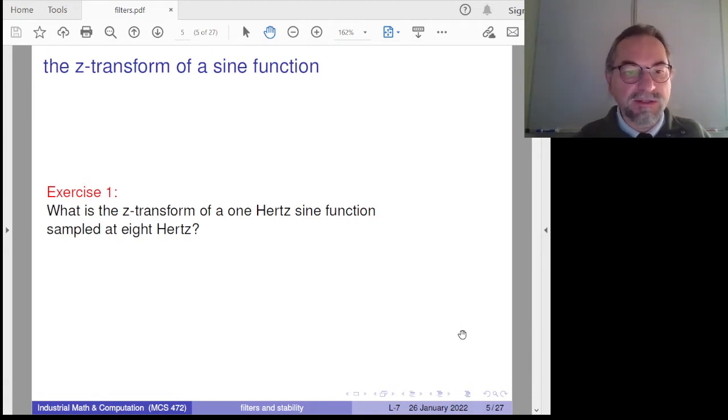So what is the Z-transform of a 1 Hertz sine function sampled at 8 Hertz? So one now looks back at the previous slides, one looks at these numbers. So we have a sequence of 8 numbers repeated. So every second we see the same sequence of numbers again.